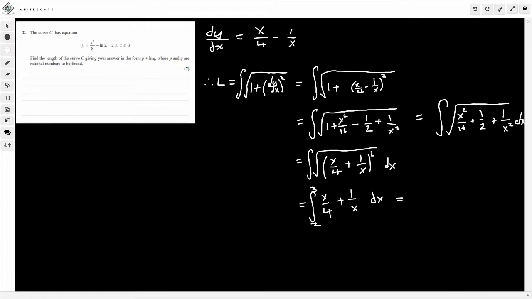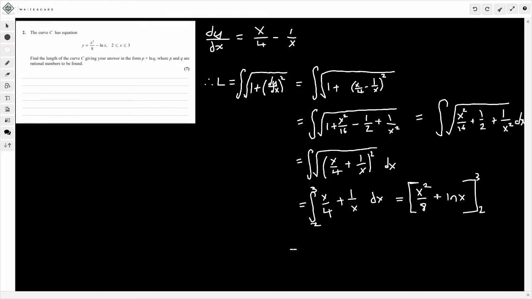That's going to give me x squared over 8 plus ln x. Now we're working between 3 and 2. What we need to do is sub these limits in, perform the correct calculations, and we've got our answer.